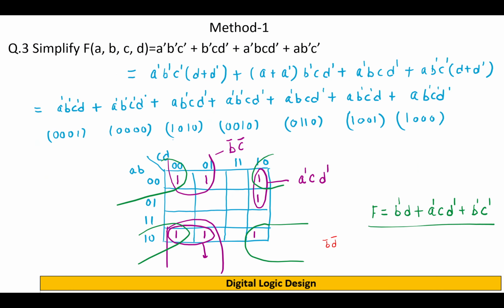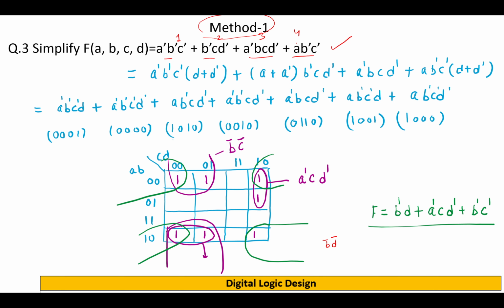Again we take one complicated problem. This is all min terms. Now we are going to simplify this function. I will discuss two methods, which means this question will be solved in two different approaches. First, how many terms are in this expression? 1, 2, 3, 4.